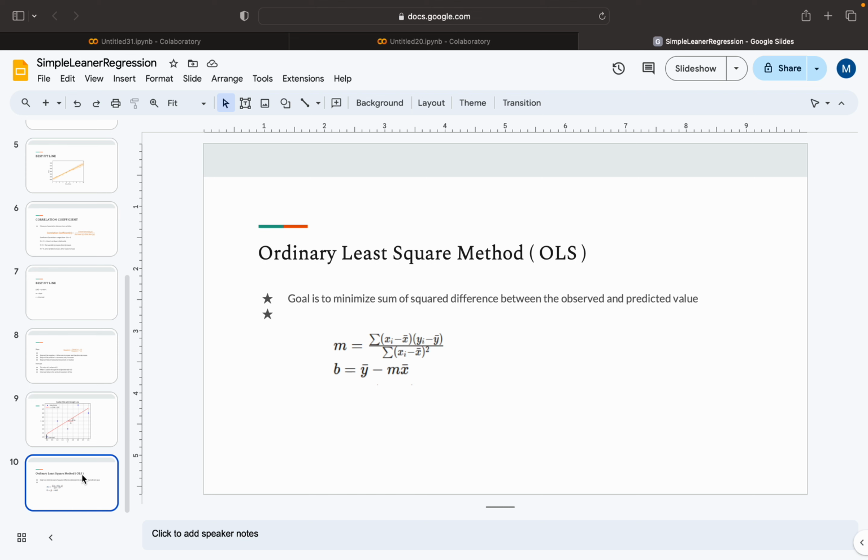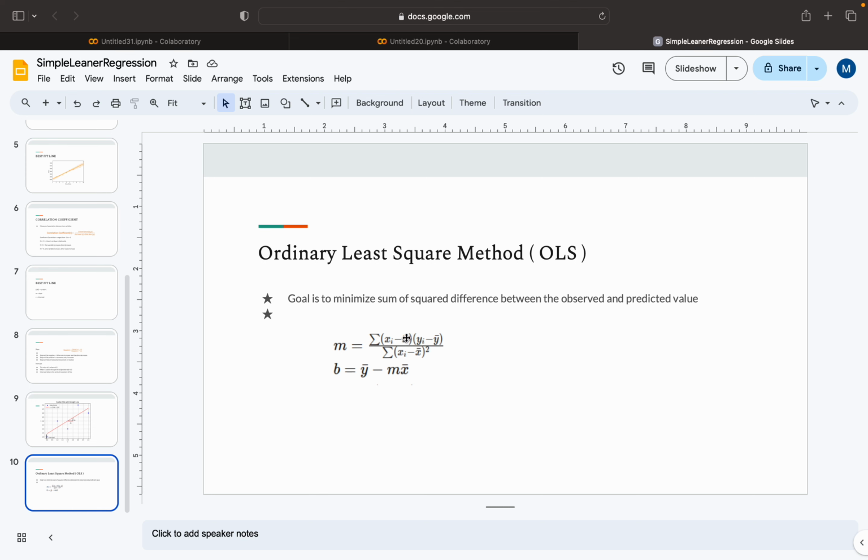So OLS is simple. There is a mathematical formula to calculate m and b. For m it will be the summation of xi minus x bar multiplied by yi minus y bar, divided by the summation of xi minus x bar all squared.